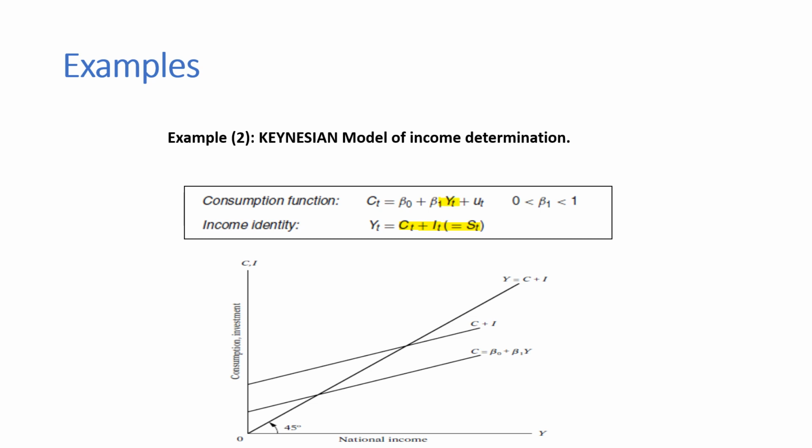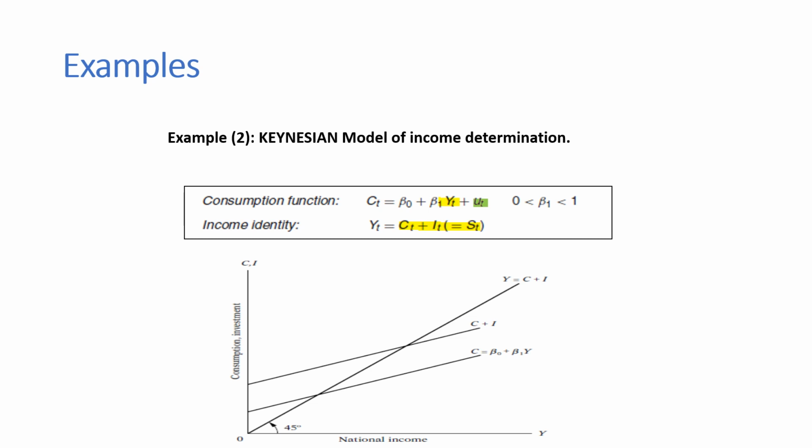And again, this can be represented by the following figure. So now we want to check whether U, the error term, and Y, the income, are independent or not. Again, let us assume that U_t has changed for any other reason. The factors affecting consumption have changed, whether upward or downward.